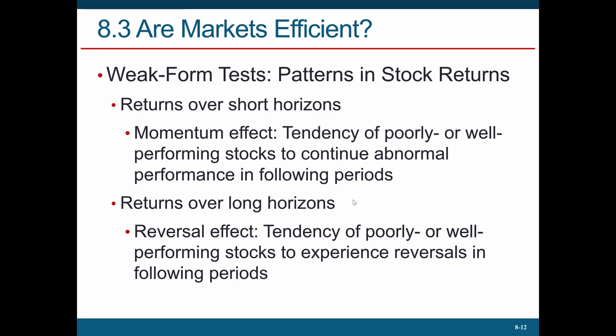So again, just to quickly recap, the momentum pattern is basically that in the historical data, what we observe is that recent past performance continues. Stocks that have done well in recent past continue to perform well in near future. Stocks that have performed poorly continue to perform poorly in near future as well.